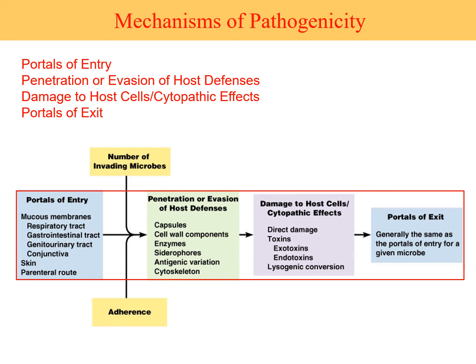So we're going to go through each of these. These here are additional factors that need to be considered, and we'll mention those, but the four key things are portal of entry, penetration or evasion of host defense, cytopathic effect or damage, and portal of exit.